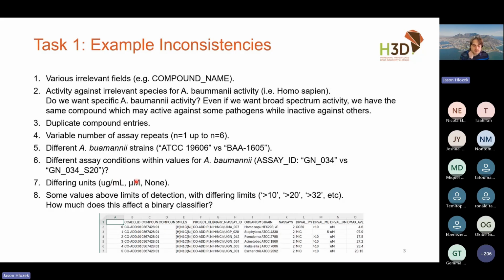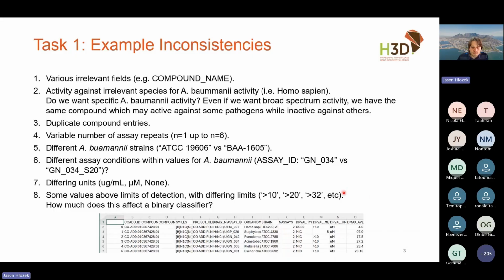And so you can think about, if you are defining a classification threshold, then depending on the unit you've used, that compound might fall one side of the cutoff when it really should be on the other side. Or if you're training a regression model and your units are all different, you've really introduced a lot of noise into your data set, and it's going to be difficult for your model to really identify the patterns.